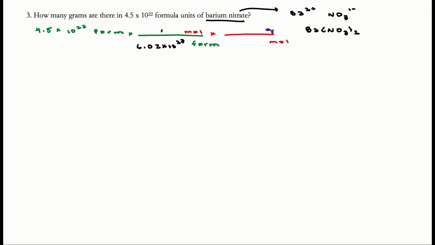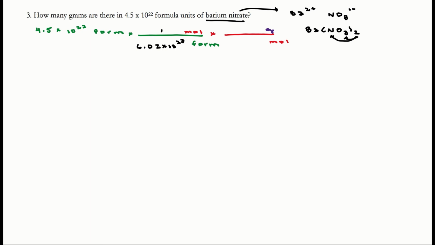All right, so to determine the molar mass of barium nitrate, barium has a molar mass of 137.328. I have 2 nitrogens there, so it's going to be 14.007 times 2. Okay, and I have 2 because there's a 2 outside the parentheses there. And then I have a total of 6 oxygen, so 15.999 times 6.